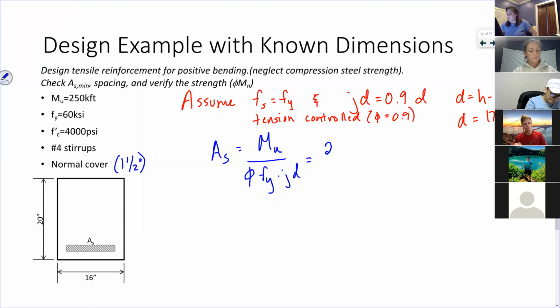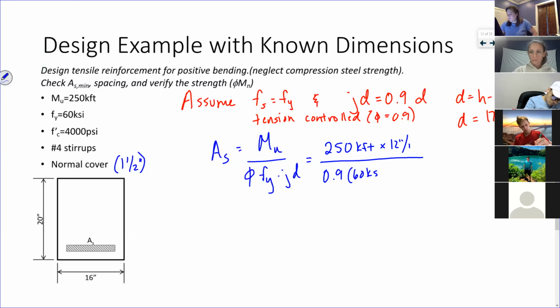So 250 kip feet times, well, I'm gonna want that in inches, 12 inches per foot, over 0.9, 60 ksi, 0.9 times 17.5 inches.